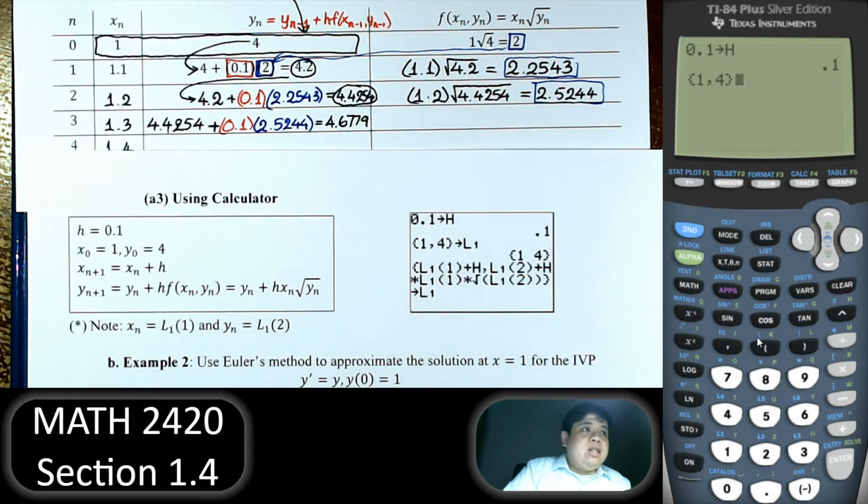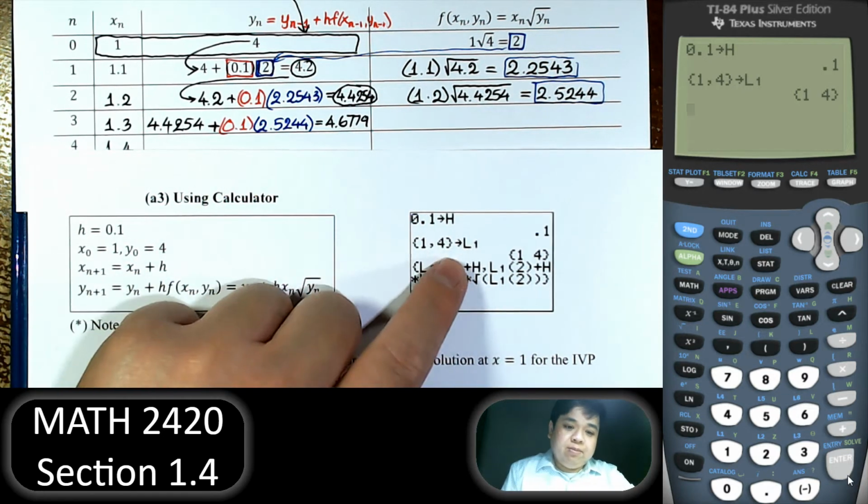And if you want the list, hit second parentheses to have a set or a list of numbers. And I will store STO into list 1. Now with that, list 1 will have two components. The first one is for x equals 1. The second one is for y equals 4. Simple enough. So we have that step.